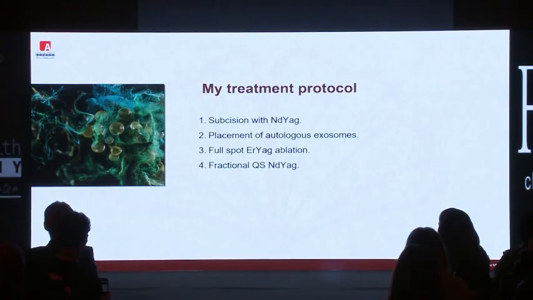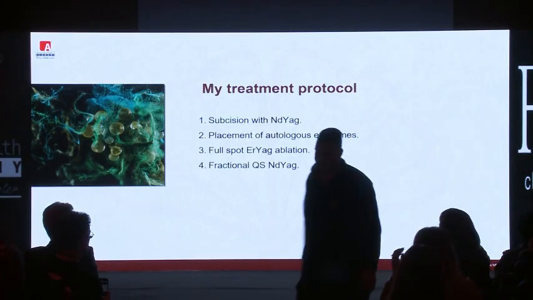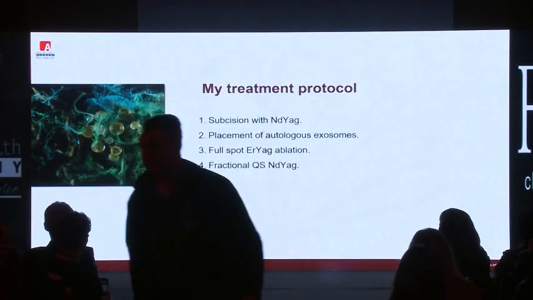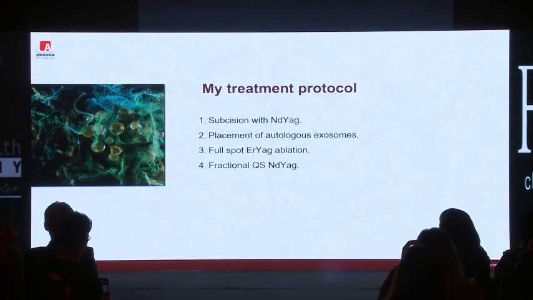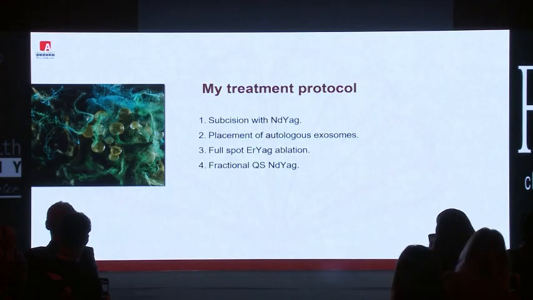The second step was placement of autologous exosomes obtained by PRP. The third step was full spot ablation on the top of the scars, and the last step was to work with fractional Q-switch and DJAK.